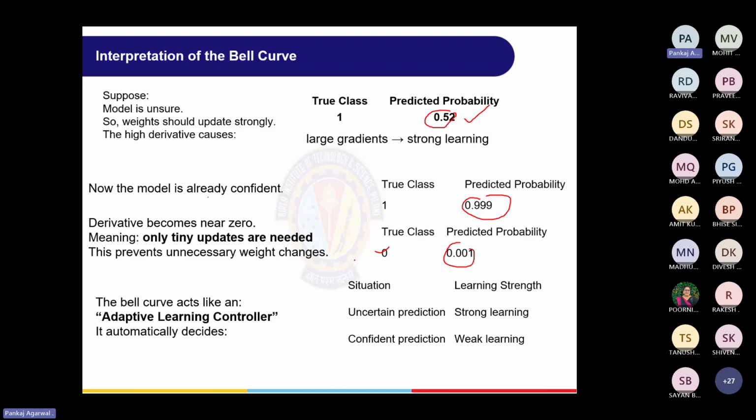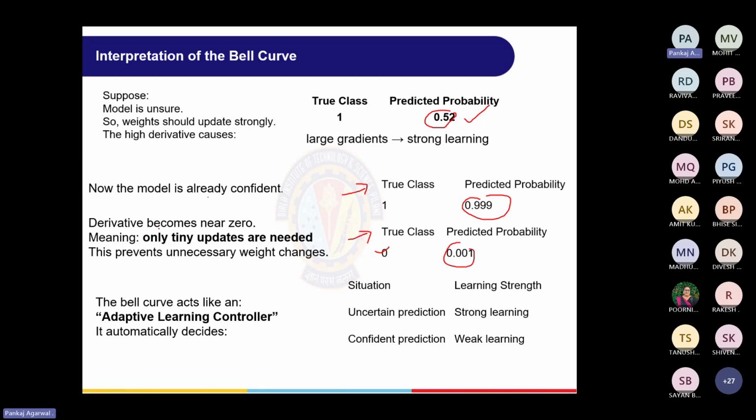So the derivative becomes near 0 here, right? So only tiny updates are needed. You see, when you understand these two cases, this is case 1 and this is case 2, right?